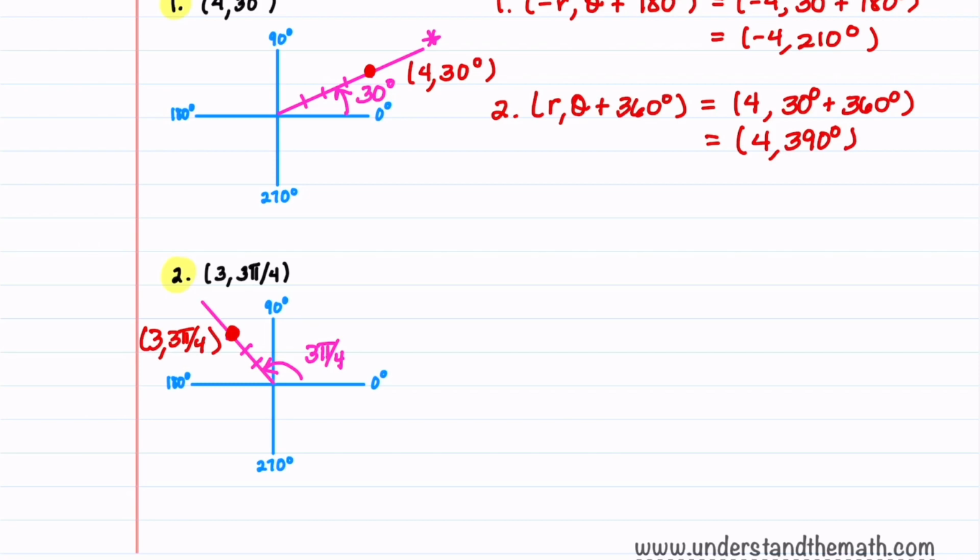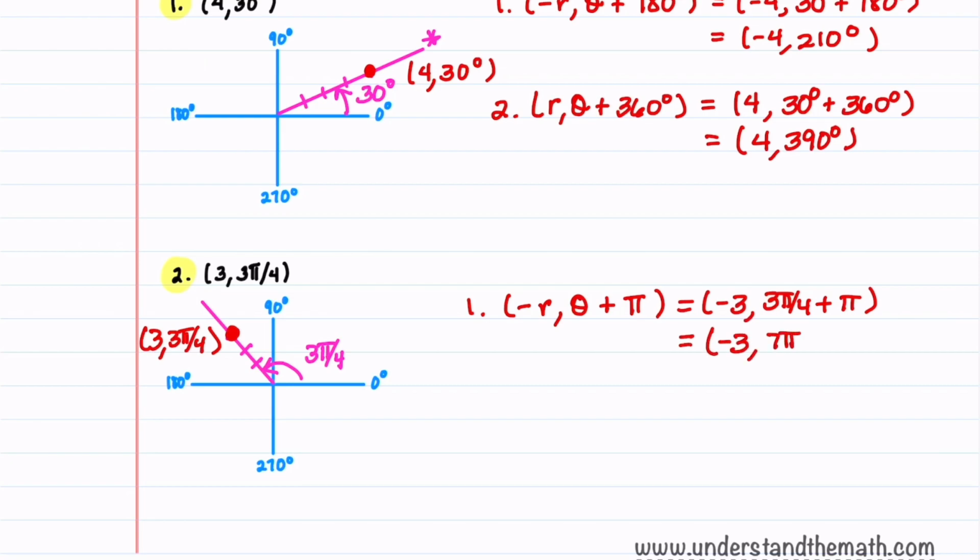Let's now do the other representations. For our first representation, we have minus r, theta plus pi, since we're in radians. So this is minus 3, and then we have 3 pi over 4 plus pi, and this gives us a value of minus 3, 7 pi over 4.